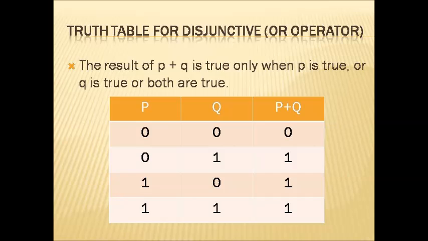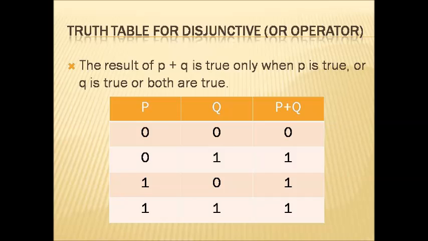So P 0 and Q 0, P plus Q will be 0, and P 0, Q 1, that is P is false, Q is true, in that case P plus Q is true. Suppose P is 1 and Q is 0, that means P plus Q is 1. And when P and Q both are 1, then we can say P plus Q is also 1.